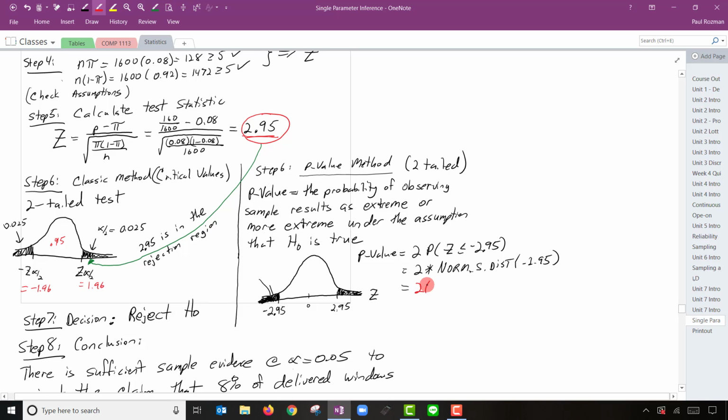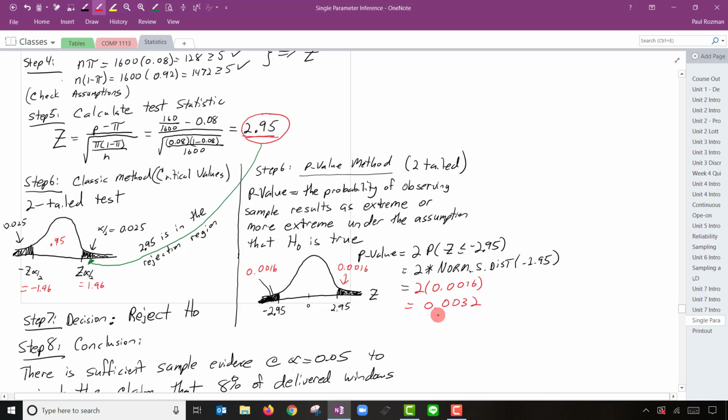Maybe I'll just write 2 times 0.0016. So we get 0.0032 for our p-value. Each side here has an area of 0.0016. So the total p-value is 0.0032.